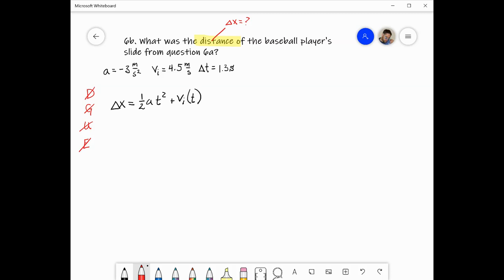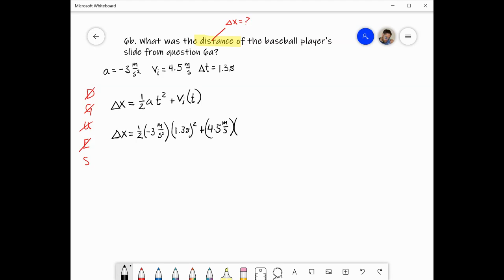So I am now in the first of my S's here, which is to substitute in for what I already know. So delta x is equal to 1/2 times -3 meters per second squared, multiplied times the amount of time, which is 1.3 seconds, quantity squared, plus my starting velocity, which is over here at 4.5 meters per second.